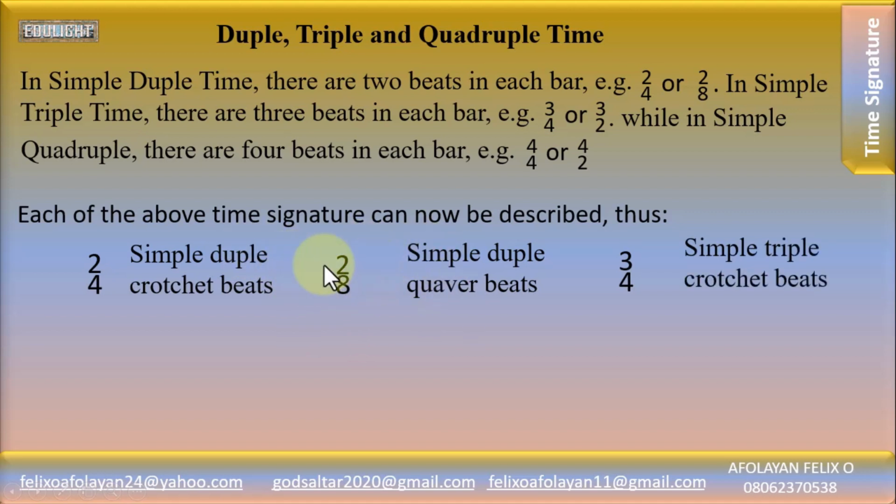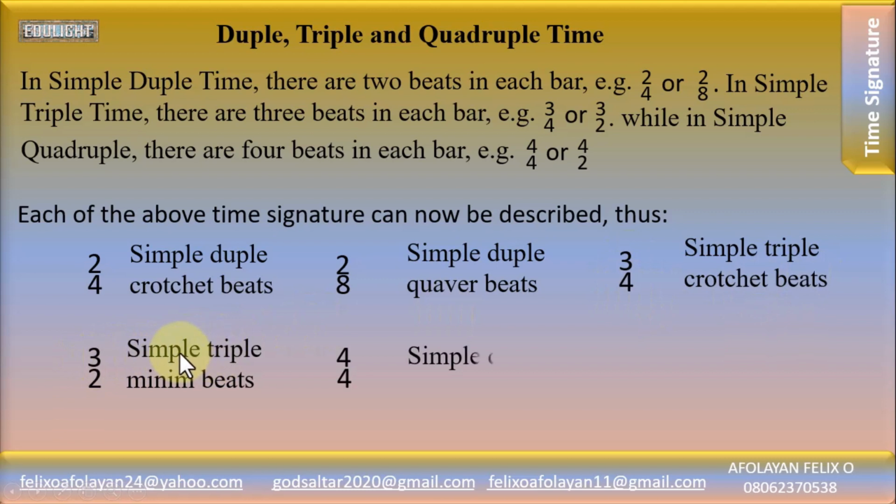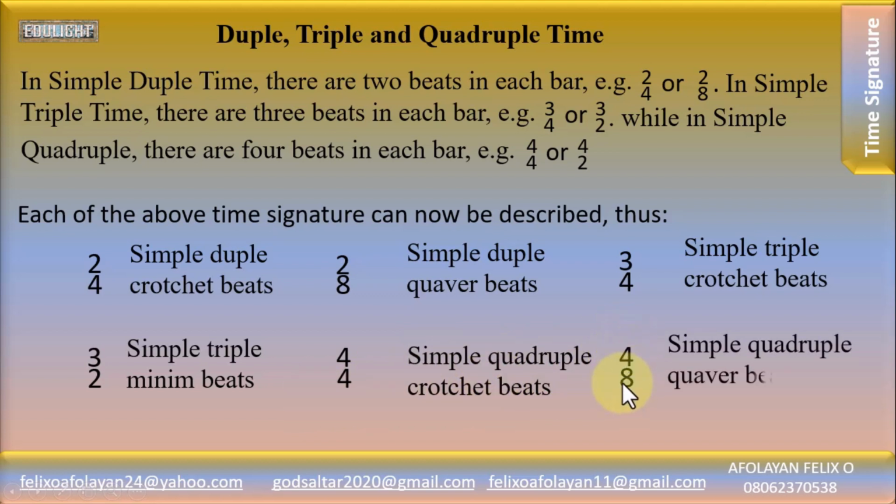That is why it's simple duple. When it's 3, it's simple triple. It's 3 crotchet beats in a bar, simple triple, which is also 3 minim beats in a bar. With 4, that is why it's simple quadruple: 4 crotchet beats in a bar, and also 8 quaver beats in a bar.